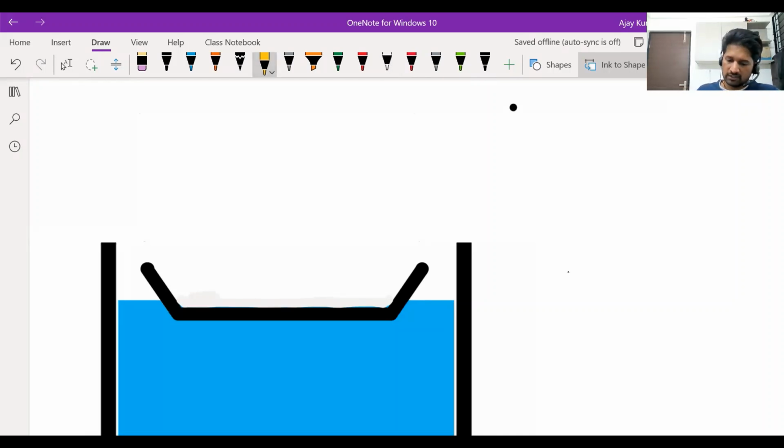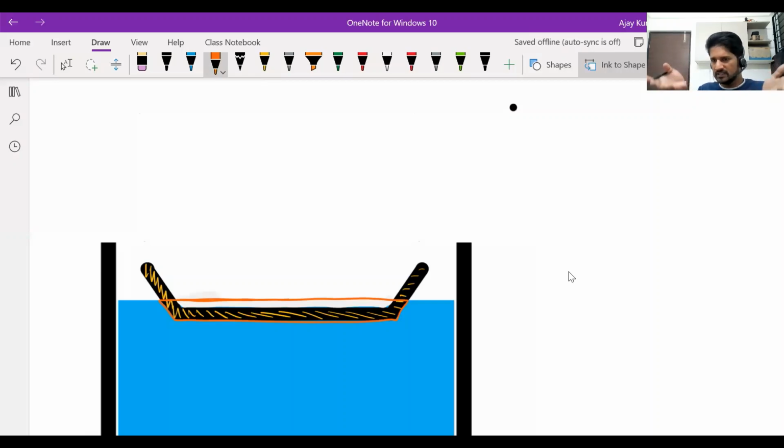So look at what is happening here. This is the actual volume filled by the metal. Okay. And this is the volume of liquid displaced. They are different. The actual space taken up by the metal is different. The actual volume of water displaced is different. Okay. So the boat will go down to a certain extent.